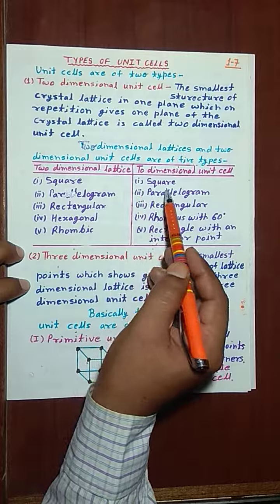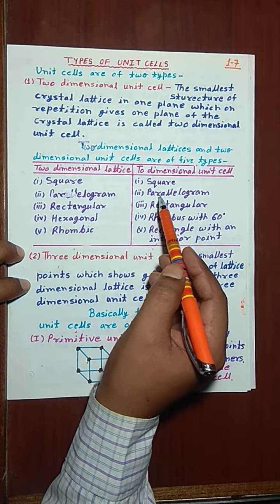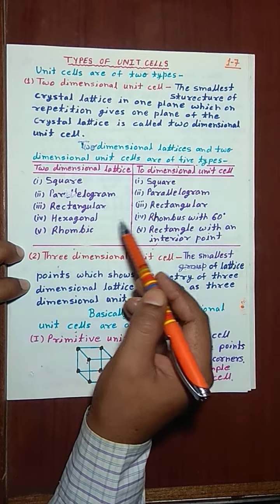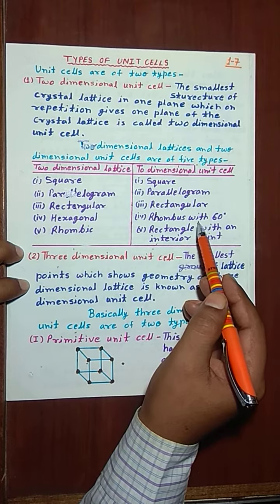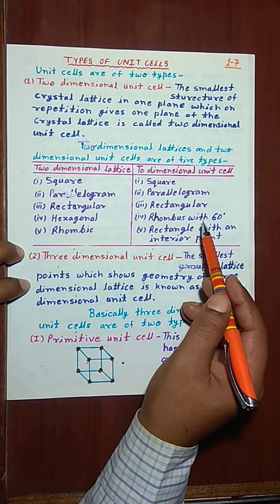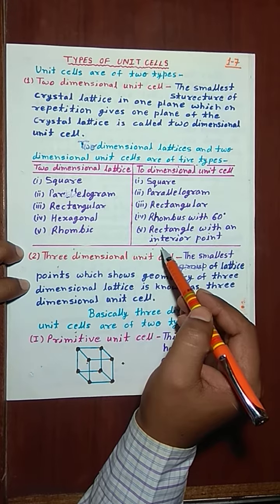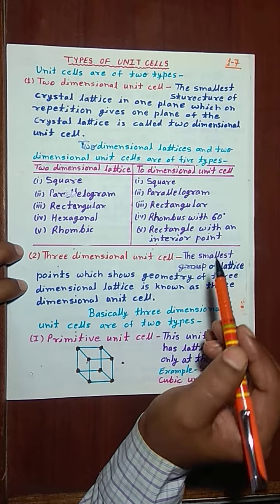Square unit cell, parallelogram 2D unit cell, rectangular 2D unit cell, hexagonal, rhombus with 60-degree unit cell, and rectangle with an interior point, the centered rectangular 2D unit cell.